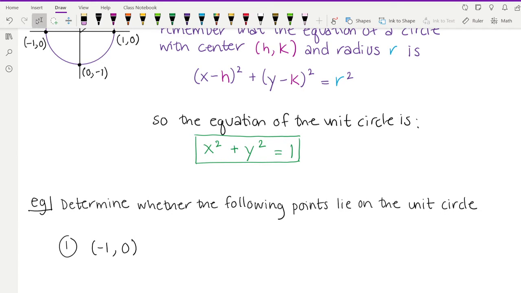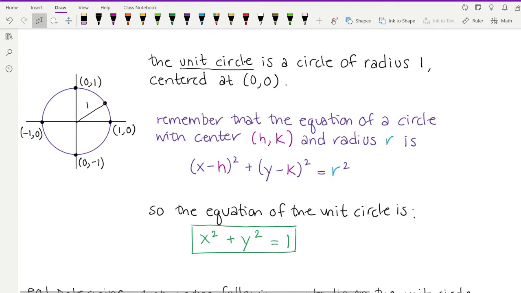Okay, so I want to do a little bit of work with this equation and make sure we understand the relationship between the equation of a graph and points on that graph. Let me scroll back up for a second. In general, if you have a graph, let's say a line or a parabola or a circle like we do here, and you have the equation of that graph and you're trying to figure out whether a point lies on that graph, what do you generally do?